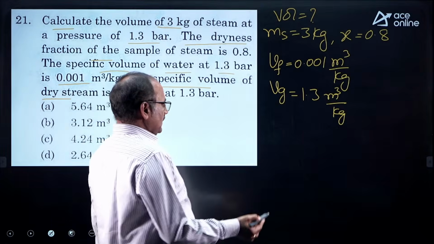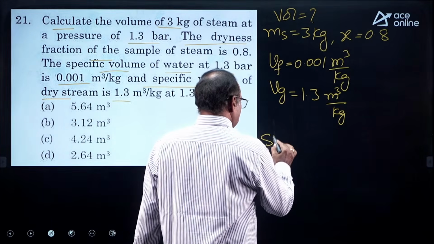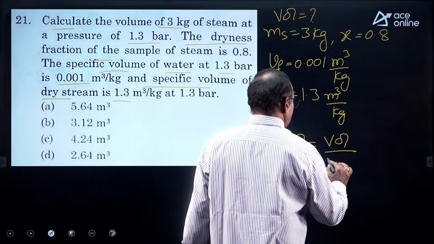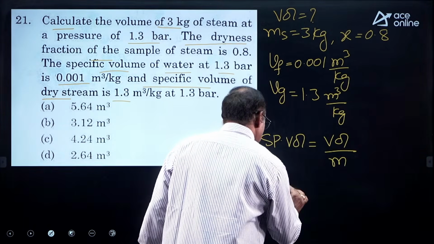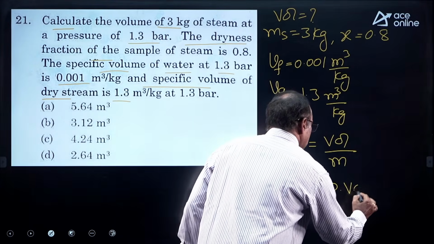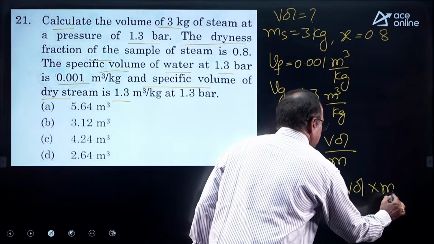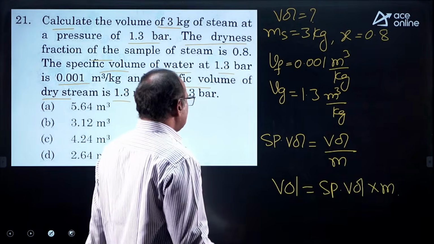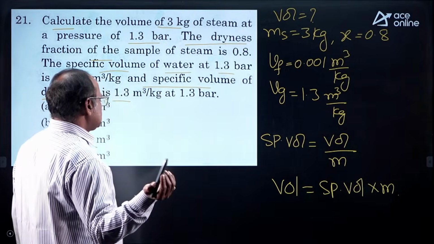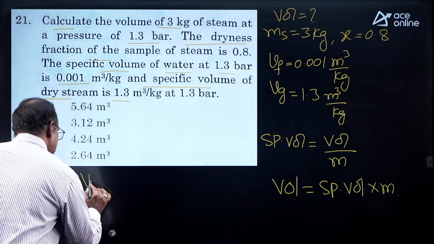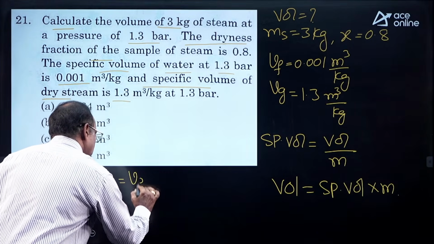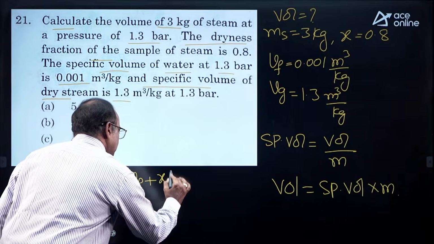You are asked to decide what is the volume occupied by the two phase mixture, that is wet steam. As you know, specific volume equals volume dividing by mass. From this, volume occupied by the steam equals specific volume multiplied by mass of the steam. Here, since the dryness fraction is given, the steam is wet steam, and the specific volume of the wet steam V wet equals Vf plus x Vfg.